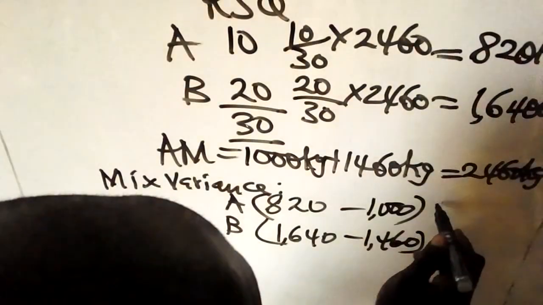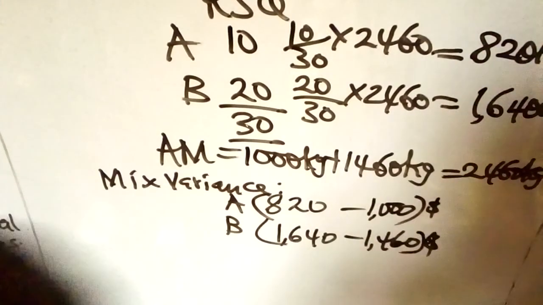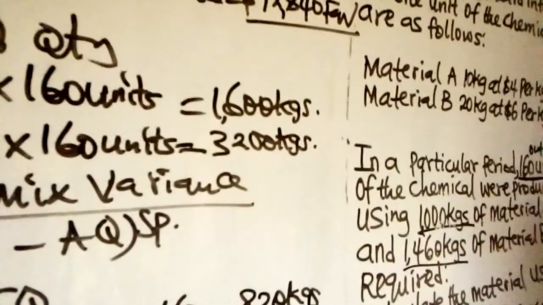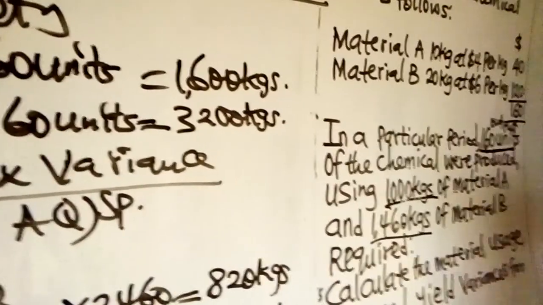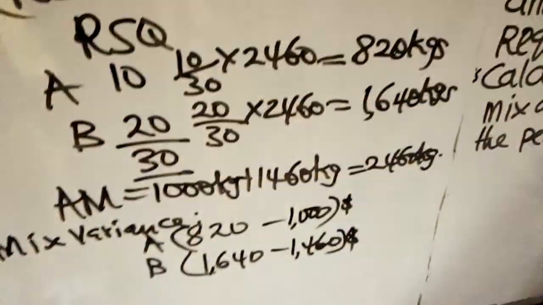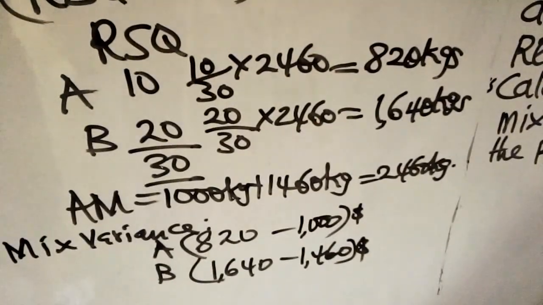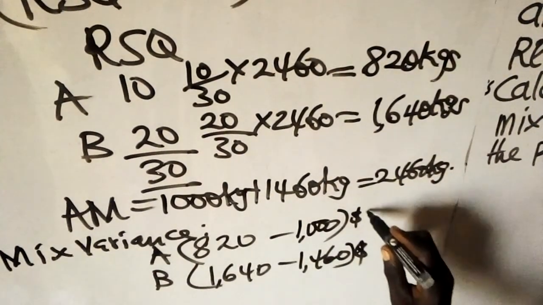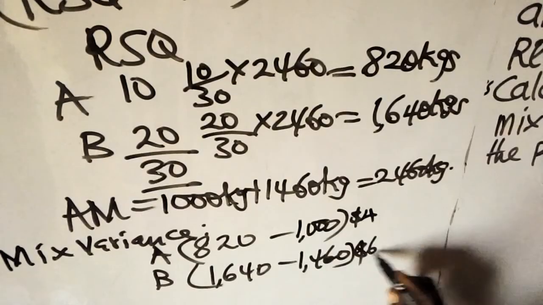The standard price of material A, let's go back to the standard information. The standard price of material A is $4 and that of material B is $6, respectively.